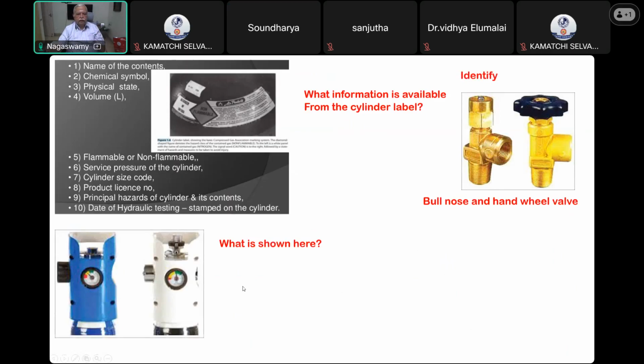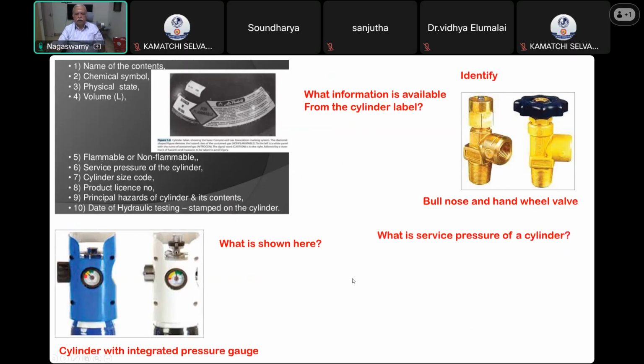Can you identify this? This is a very newer method, newer cylinders, which have their own pressure gauge fitted onto the cylinder itself. So you don't have to have a separate pressure gauge. So, a cylinder with integrated pressure gauge.